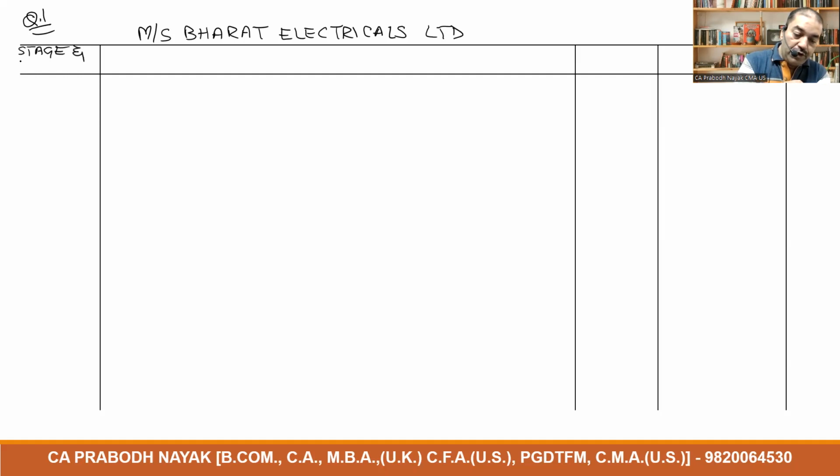First column is stage and month. Here you will show quantity demanded. This column you keep a little bit big because you have to show the calculations.